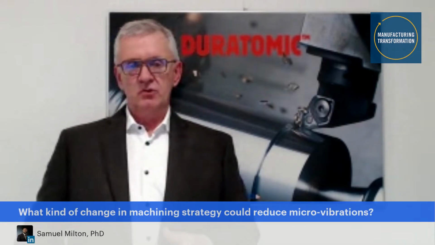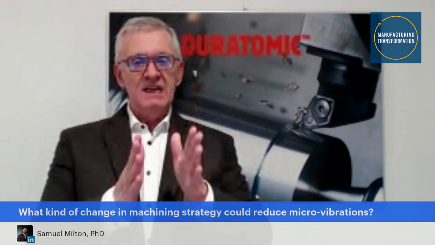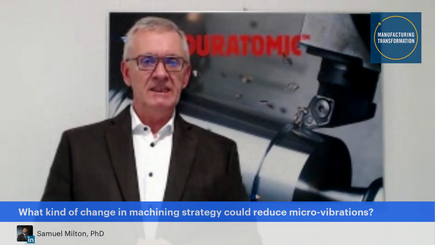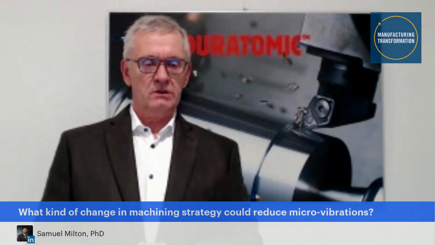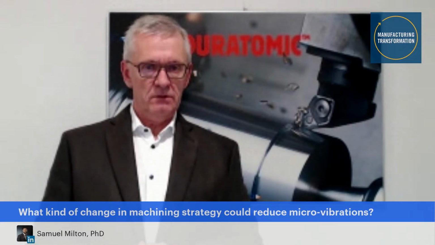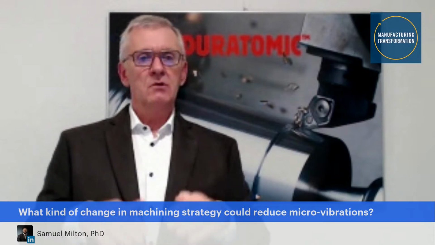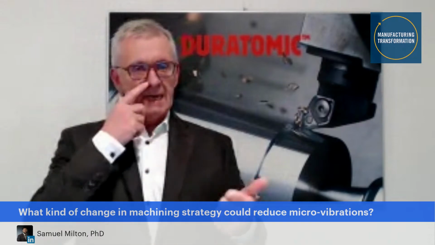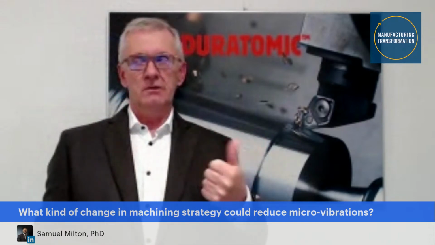What kind of change in machining strategy would reduce micro vibrations? Any modification that leads to the variation in cutting forces being smaller compared to the so-called average cutting force is good. Dynamic machining is good.